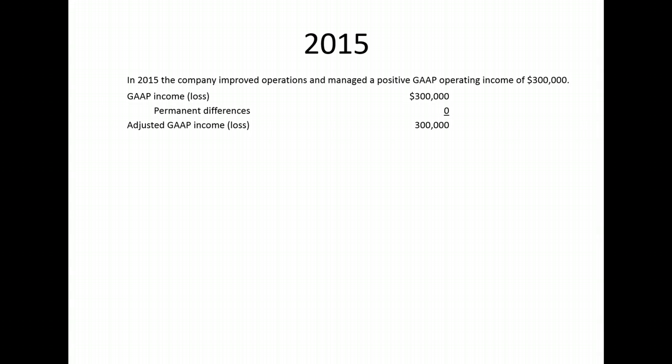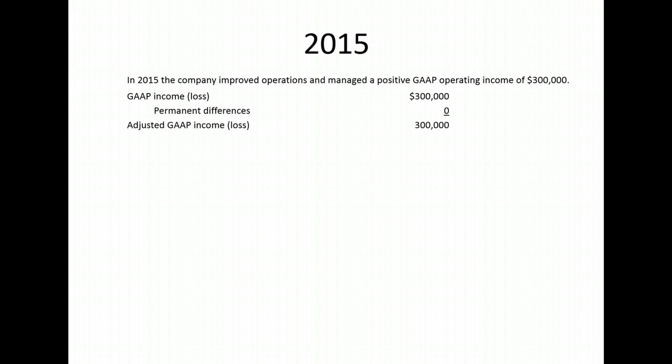So let's see what happens in 2015. And let's say that in 2015, our GAAP income now has really improved, and it was $300,000. So we have our adjusted GAAP income. Again, we don't have any permanent differences in this problem, so that's still $300,000. Remember that we have a $275,000 operating loss that's being carried forward.